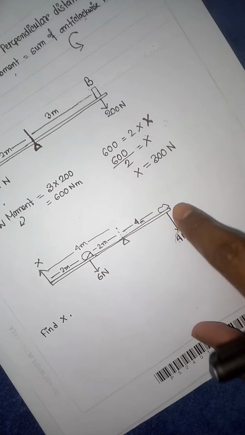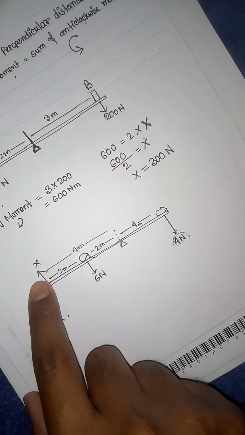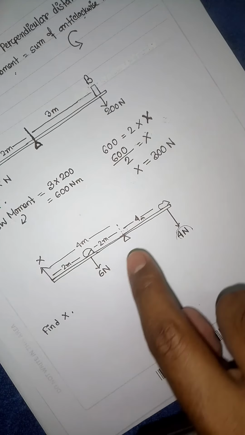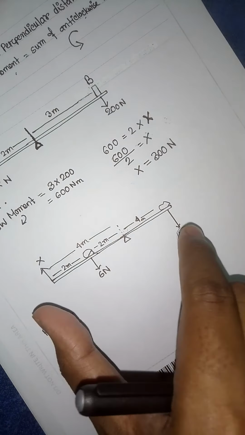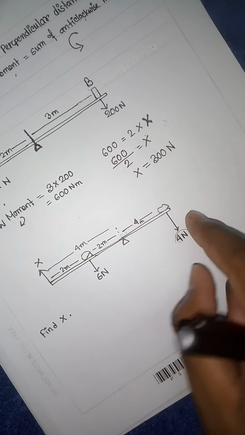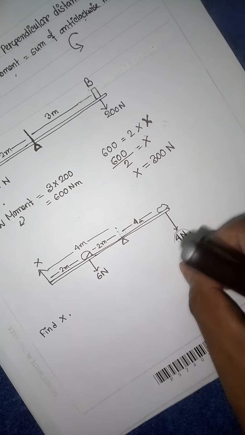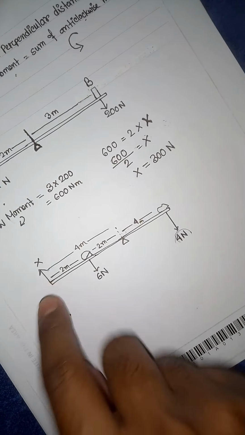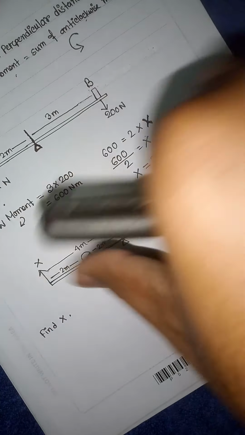So this force and this force will make the rod move in a clockwise direction. If you turn the force like this, it will rotate this way, and this force will also rotate this way.